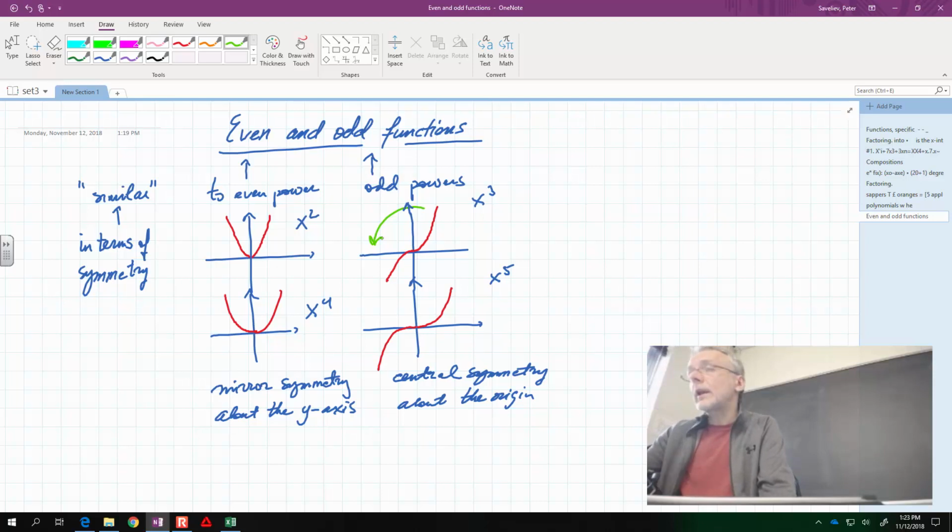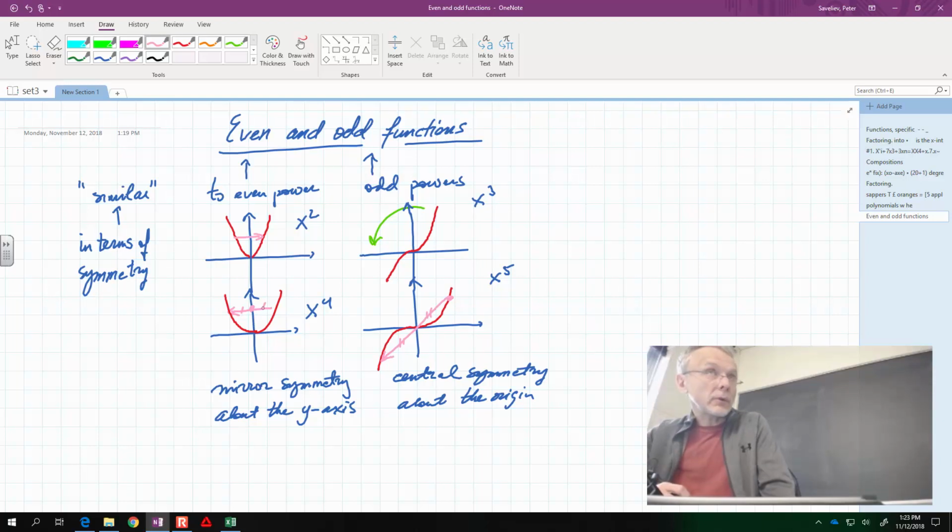But another way is to see how you pass from every point to another point on the other end through the symmetry. So this is the mirror symmetry. You pass through the y-axis from left to right, at 90 degrees, and you measure the same distance that you traveled on the other side of the y-axis. So that's your mirror symmetry about the y-axis. Central symmetry is the same story, only you pass through the origin.